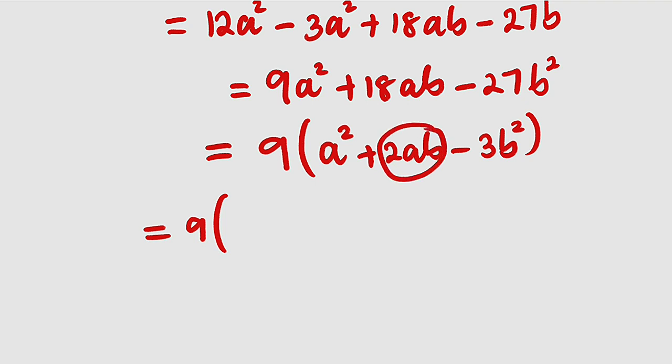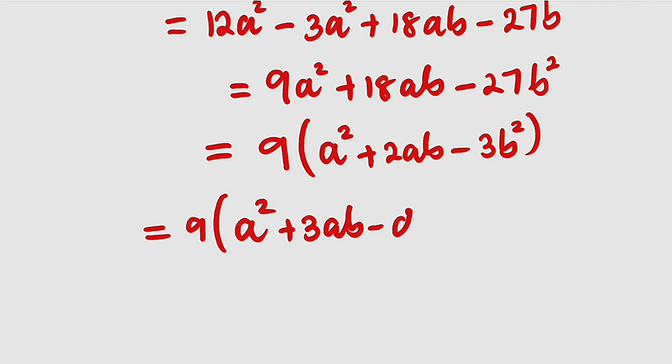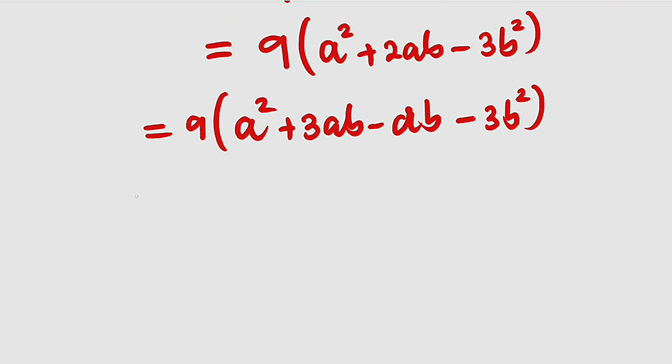So we can replace this one with 3 minus 1. This is a squared plus 3ab minus ab. You know, 3ab minus ab will still give us 2ab. Then we have the last term as minus 3b squared. This is equal to 9. What we have between these two terms in common is a. So I will factor out a.